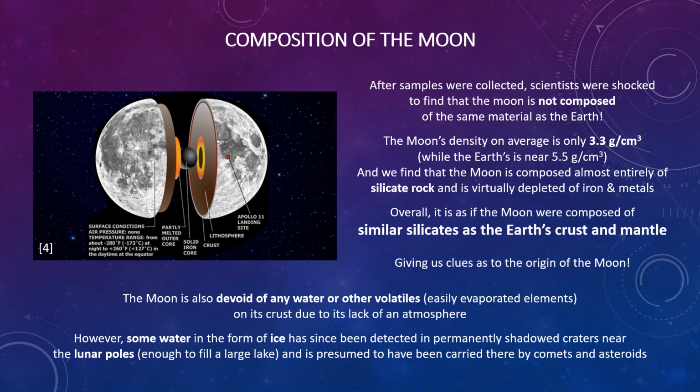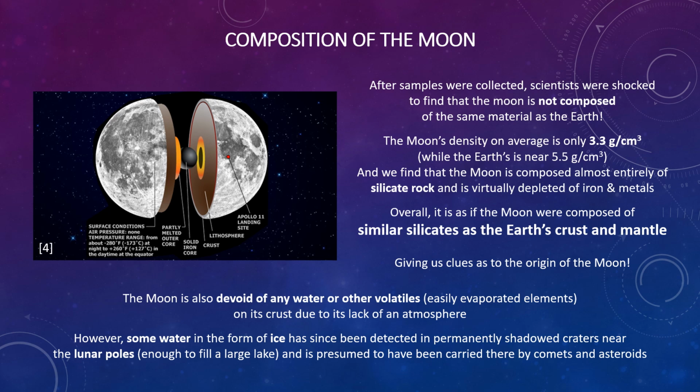They did find that the moon is composed almost entirely of silicate rock with very little amounts of iron or other heavy metals. And so it's almost as if the moon were made up of the silicates from the Earth's crust and mantle. This gives some really interesting clues into how the moon may have formed.